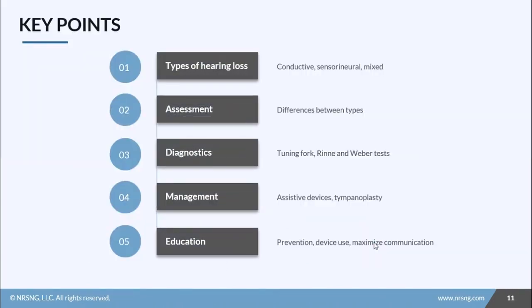Okay, guys, let's go over the key points of today's lesson. First, the difference between the types of hearing loss. Conductive is an actual blockage of sound wave transmission. Sensorineural is a problem with the inner ear and the cochlea or 8th cranial nerve, such as damage to the hair cells of the cochlea.